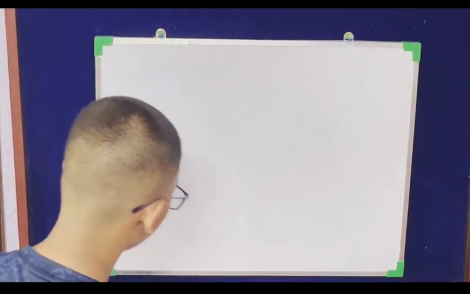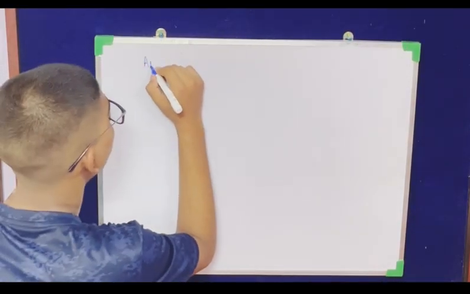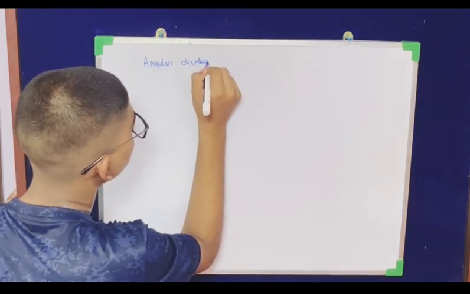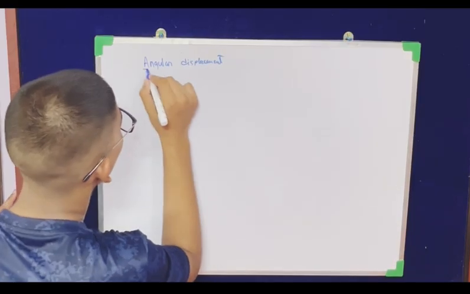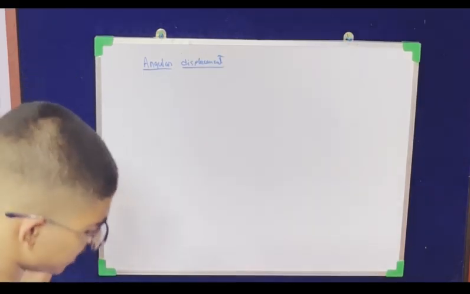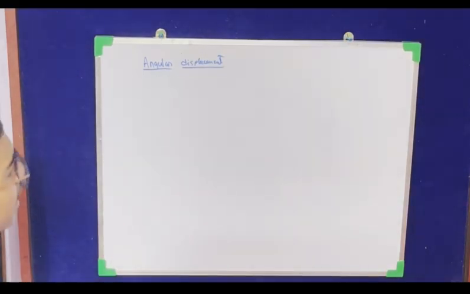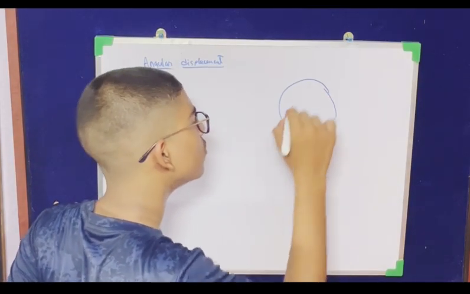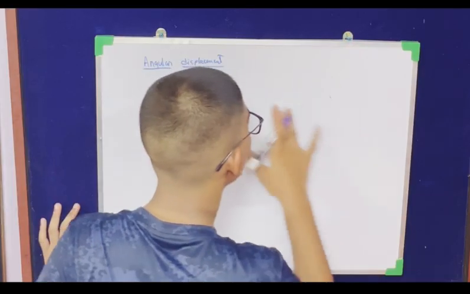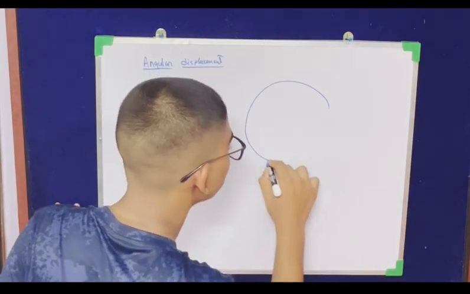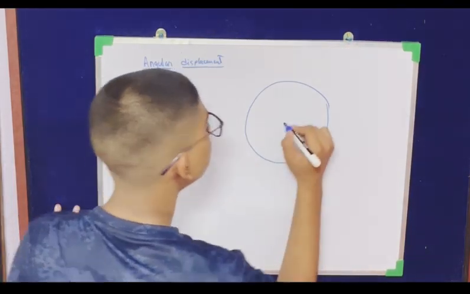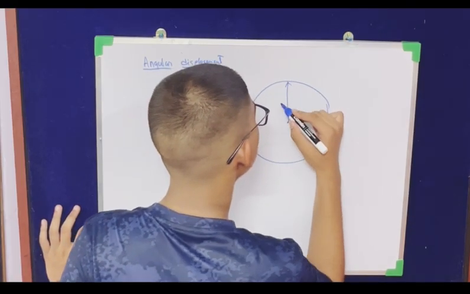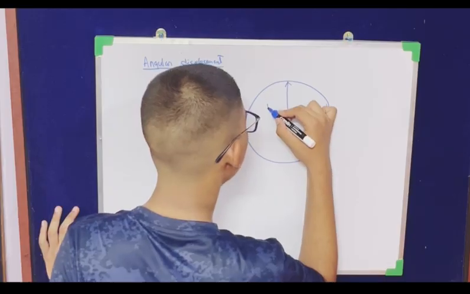So to start with, let us first learn what is angular displacement. We know what is displacement, right? But whenever an object is rotating around a circular path, let this be the center, and if this is a position vector, let us call it a radius vector.